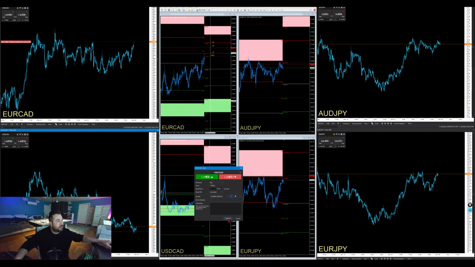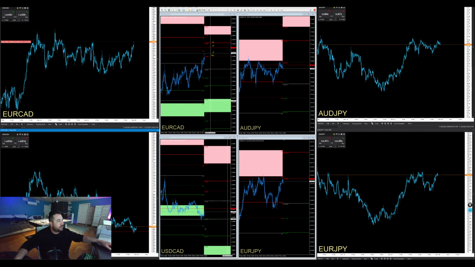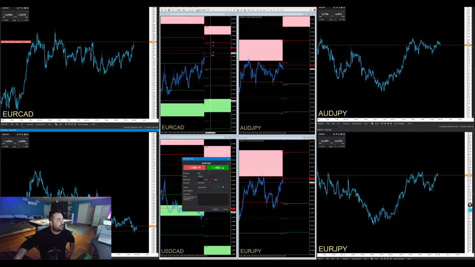Four horsemen alert USD CAD. Okay, there we go. And let's go ahead and set up an alert for the upper bounds, which is 3022. Okay, perfect.